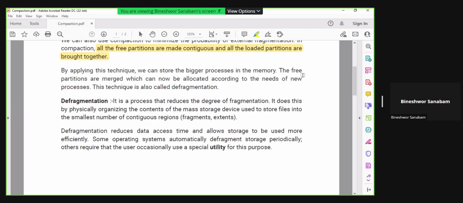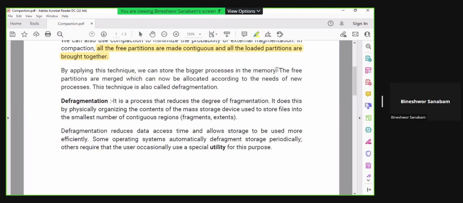So when compaction tries to bring all the free partitions together, then defragmentation will partition the collected chunk, a block of memory, into different segments or partitions again.